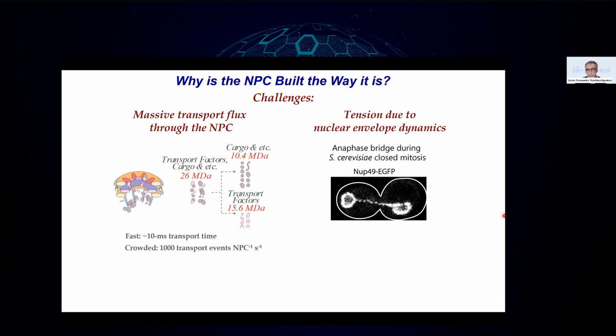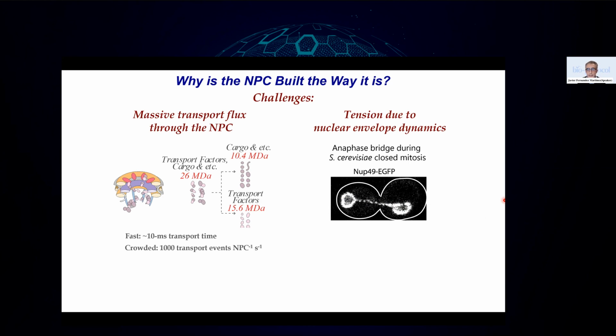Like, for example, as you can see here in this beautiful example of an anaphase bridge, even in yeast that has a closed mitosis, the nuclear envelope is stretched before the fission of the two nuclei. And there's a lot of different type of dynamics going on the nuclear envelope. And the NPCs have to be able to withhold those type of stresses and keep this massive flux regulated and going through them at all times.